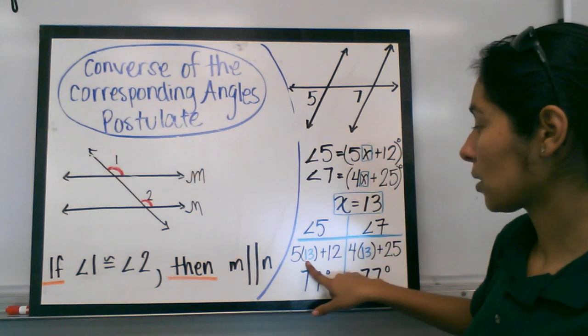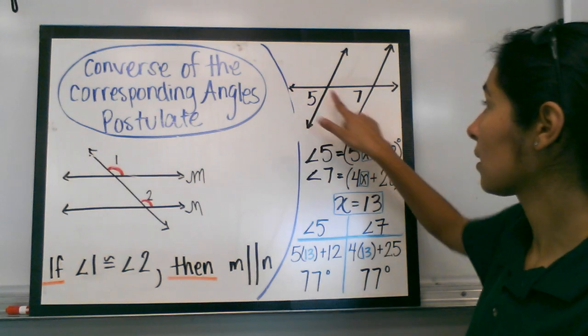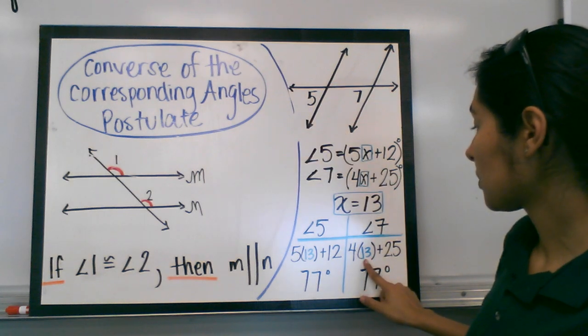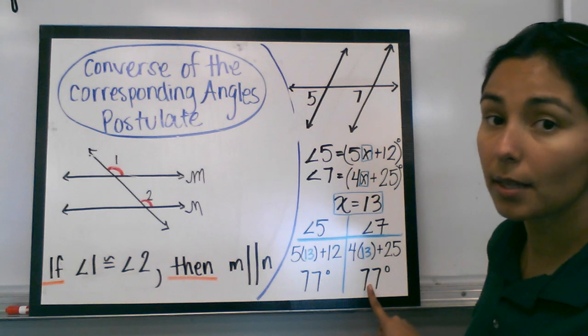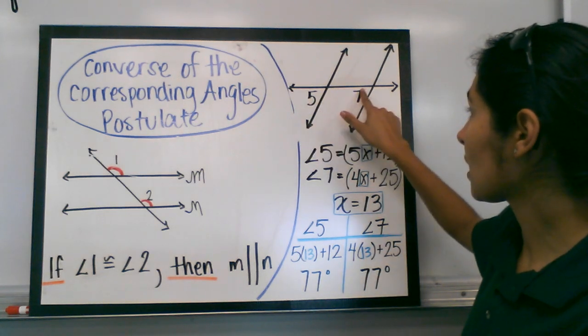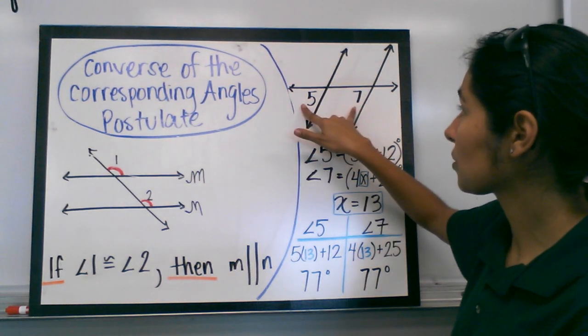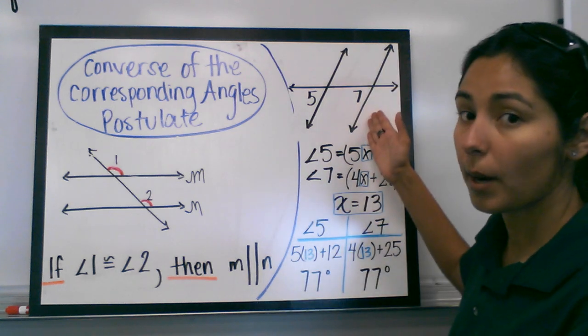Angle 5, when you substitute the 13 in, you get 77 degrees. And when you substitute the 13 in for angle 7, you also get 77 degrees. So because both of these angles, which are corresponding, are 77 degrees, now I can conclude that these lines are parallel.